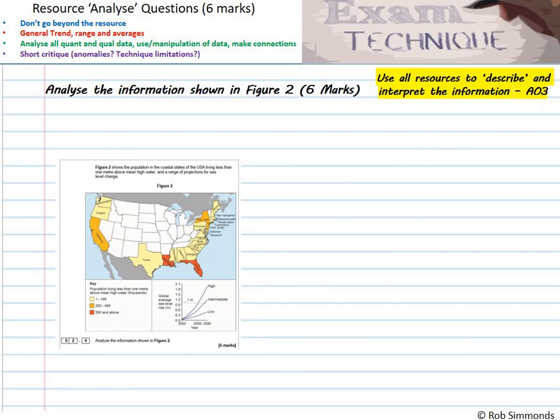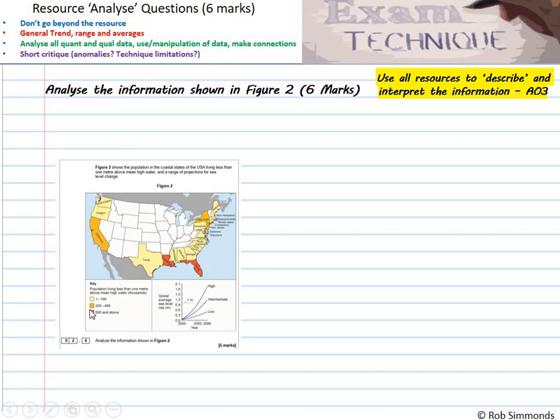So this question shows a map of the United States of America. It's showing the coastal states, and it's showing the density, the number of people who live within 1 metre of sea level. So that would mean these people would be at risk, in theory, if sea levels rose by 1 metre.